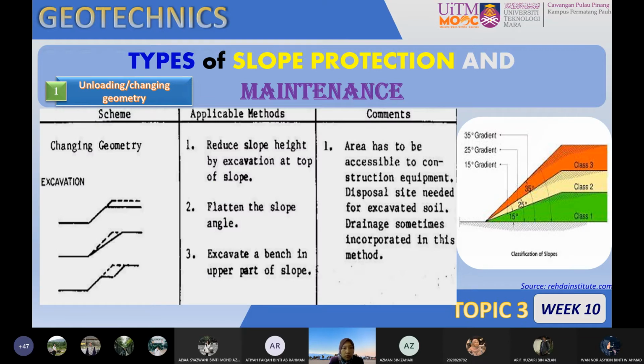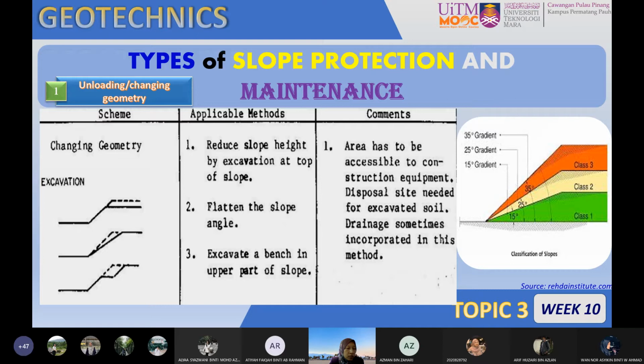By using this one, you can see that it involves excavation work. You can excavate or reduce the slope height by excavating at the top of the slope, and then you can flatten the slope angle, number 2 here, and the next one, you can excavate a bench in the upper part of the slope. The area has to be accessible to construction equipment, and a disposal site is needed for the excavated soil.